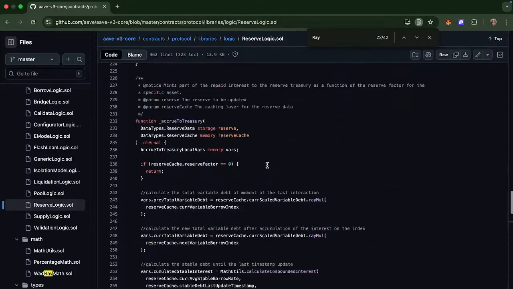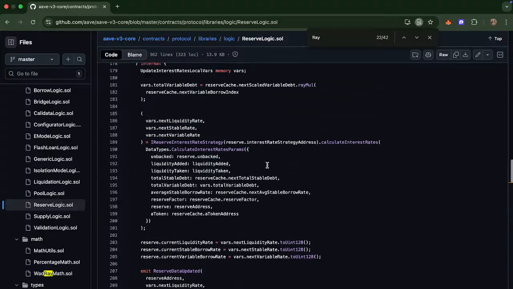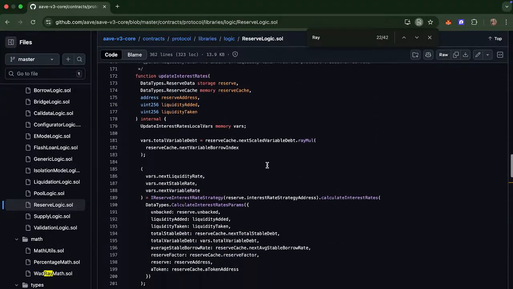I still didn't get why we are doing interest like this.